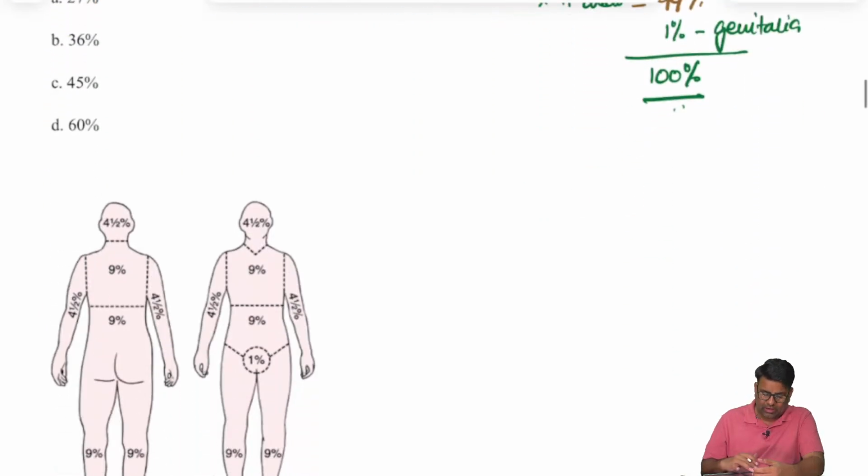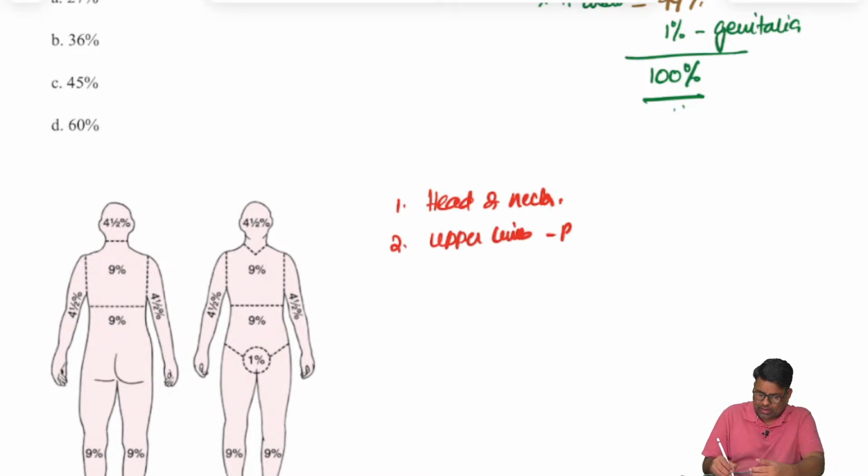If we see here, we have to consider both anterior and posterior. So one is head and neck, both anteriorly and posteriorly. Second is upper limb, right. Third is upper limb, left.